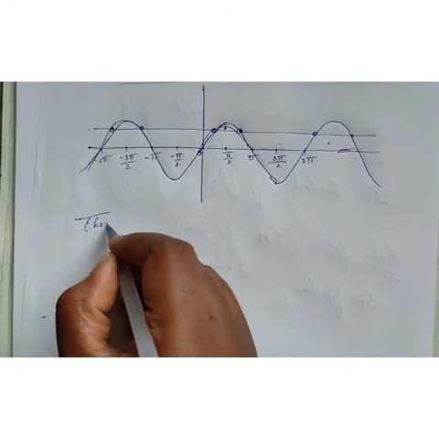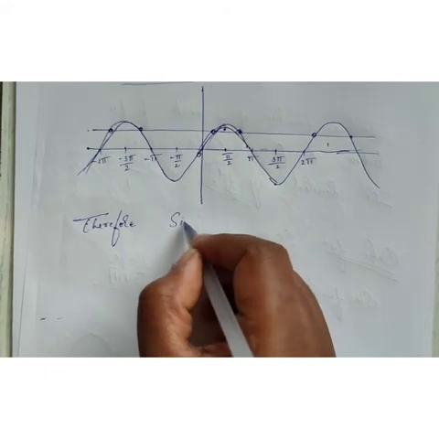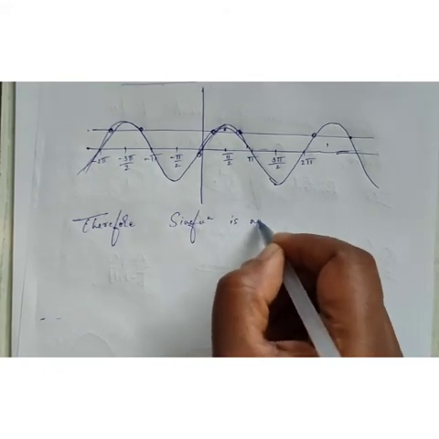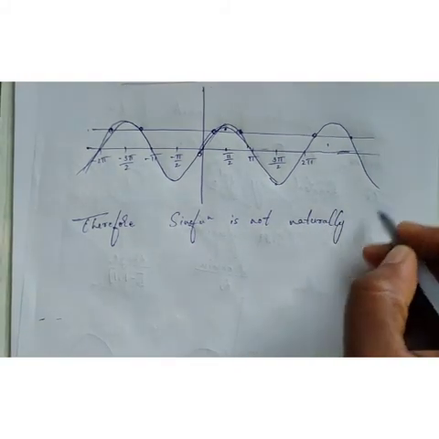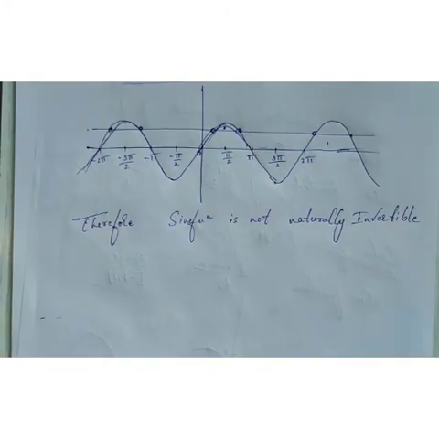Therefore, you can say that the sine function is not naturally invertible. Let me tell you something shocking. In a similar way, all the other trigonometric functions are also not naturally invertible.